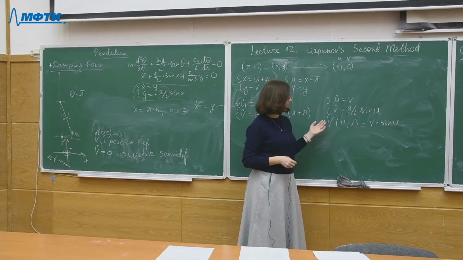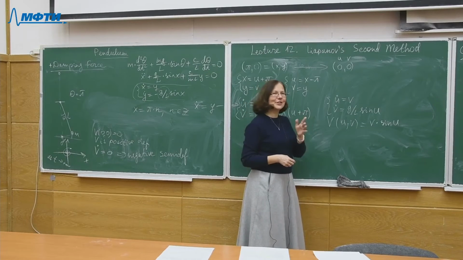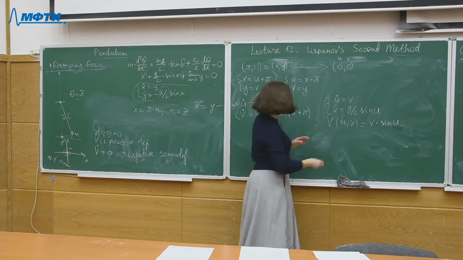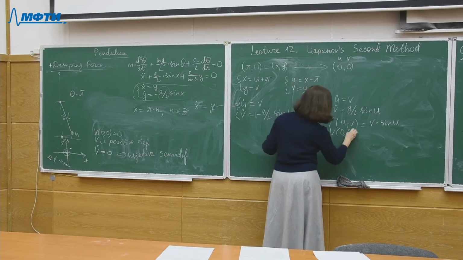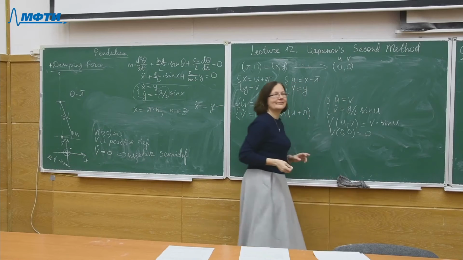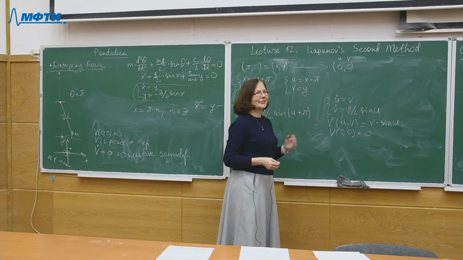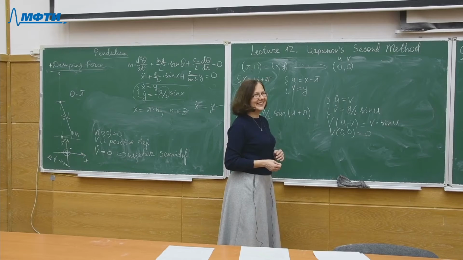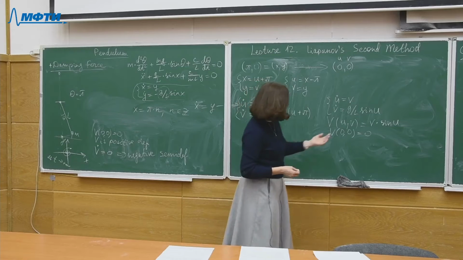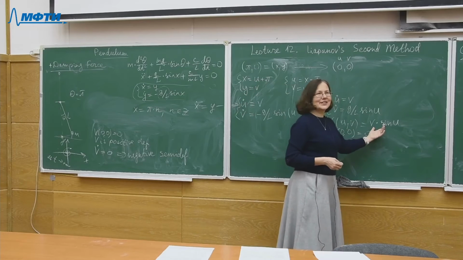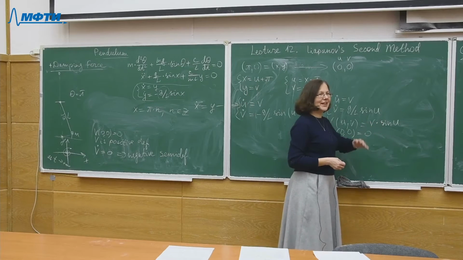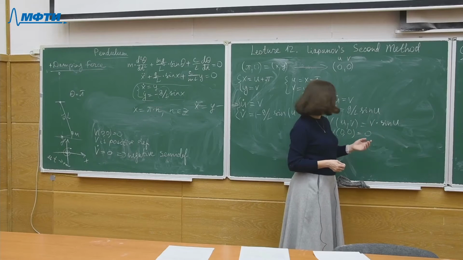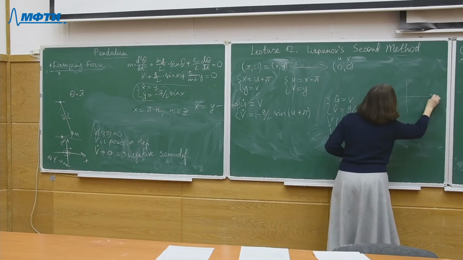What can we tell about this function for u and v near 0? V of (0, 0) is 0. Is it positive definite or negative definite? Neither, because in the neighborhood of the origin it may take positive and negative values.